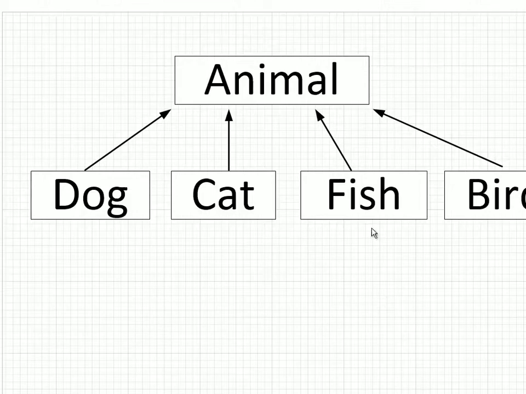And there are certain things that all animals do, such as eat or sleep, but each specialization might do those things in different ways. And then there are things that the specialized animals can do that the others can't, and that the generic high-level animal can't do, such as fly for animals in the bird category, or breathe underwater, I'll say, for the fish category, broadly speaking.